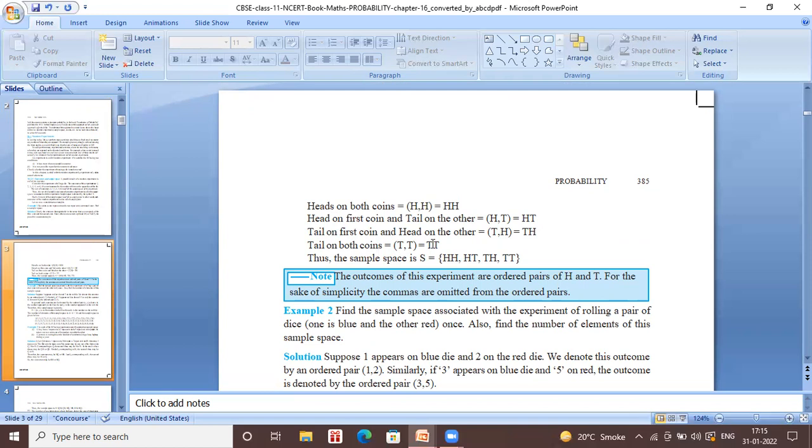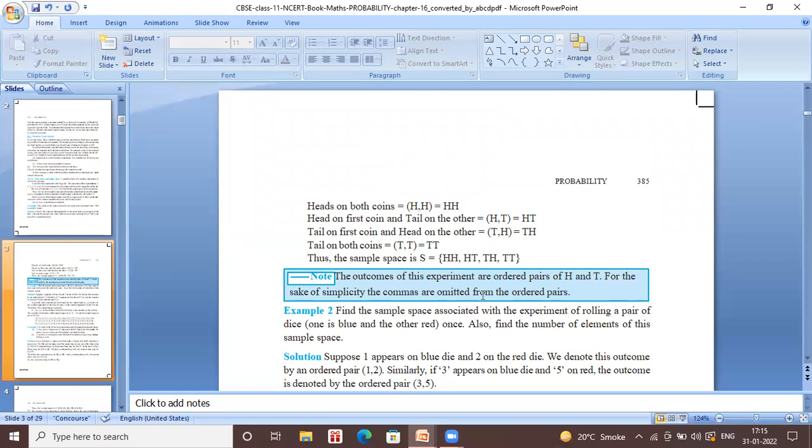Therefore, the total possible outcomes when a coin is tossed 2 times are, under curly braces, HH. Here HH means a coin is tossed 2 times. If it is only H or T, that means a coin is tossed 1 time. Then after a comma, because all the outcomes in sets are separated by commas, HT, TH and TT.